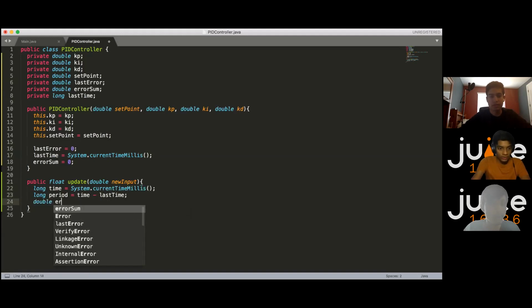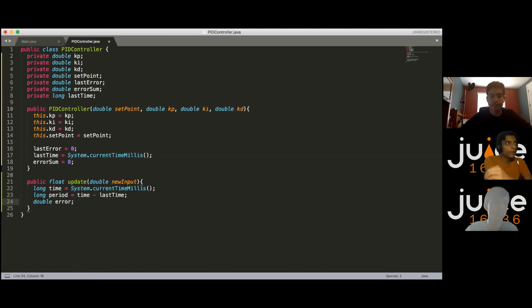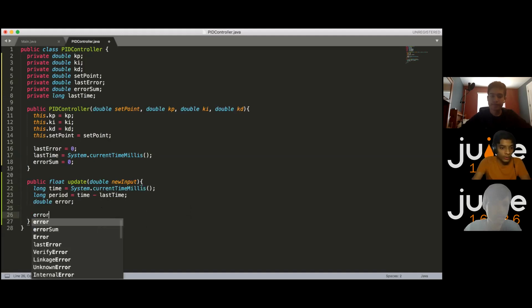Then we're also defining a variable for the error. I'll be explaining what each mathematical function does as it's typed out. The error is really simple: it's just our target value minus our current value.